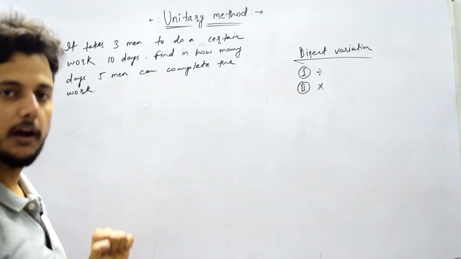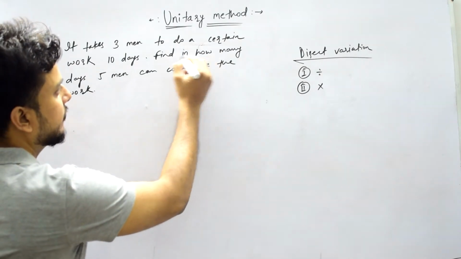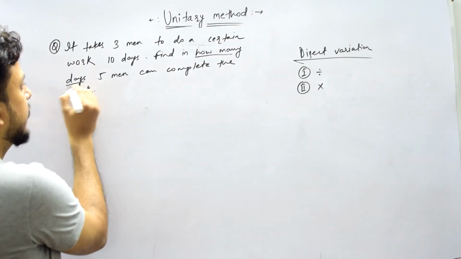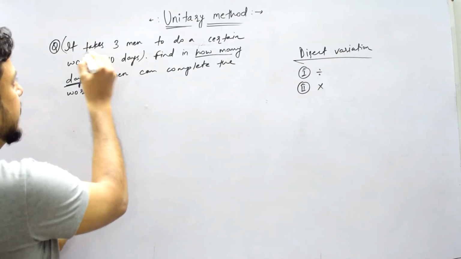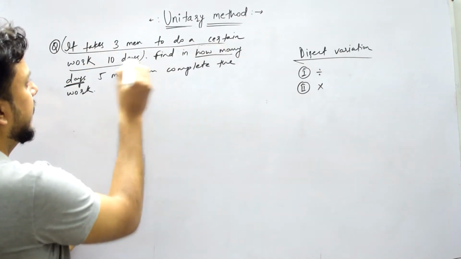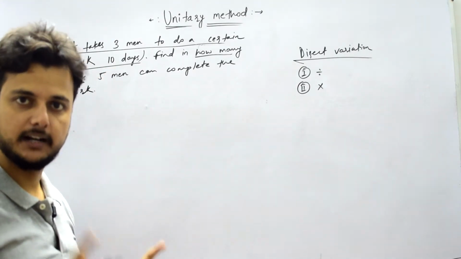Now let us see how to solve this question. We have to find the number of days, so in the given statement the number of days should be placed on the right side first of all.